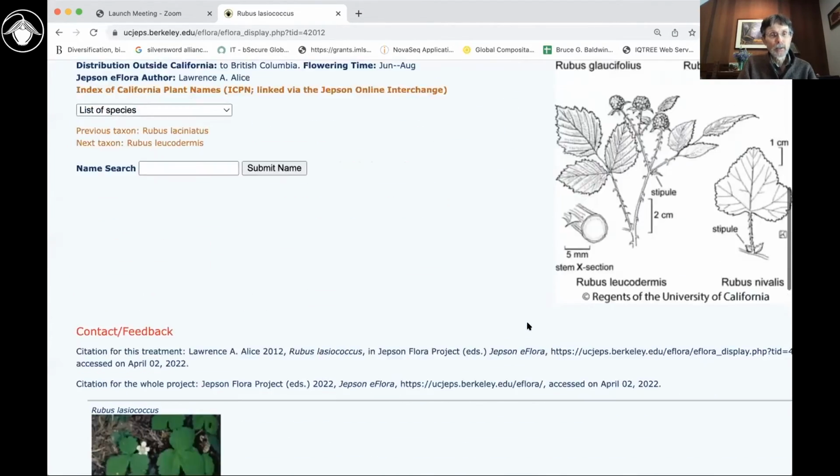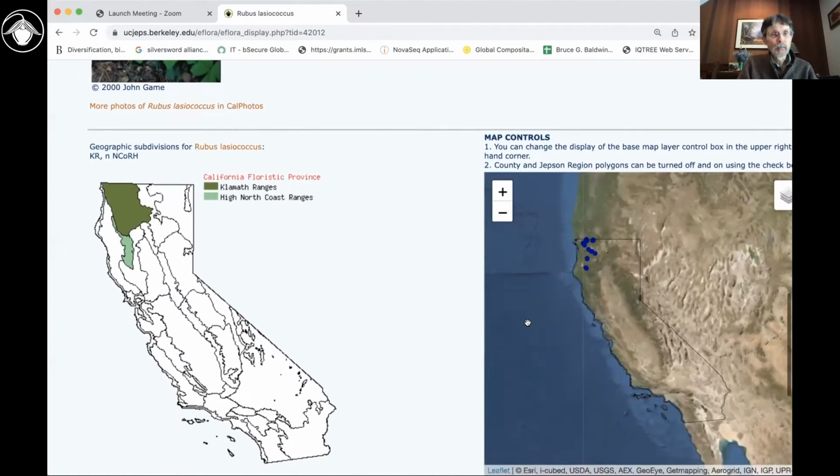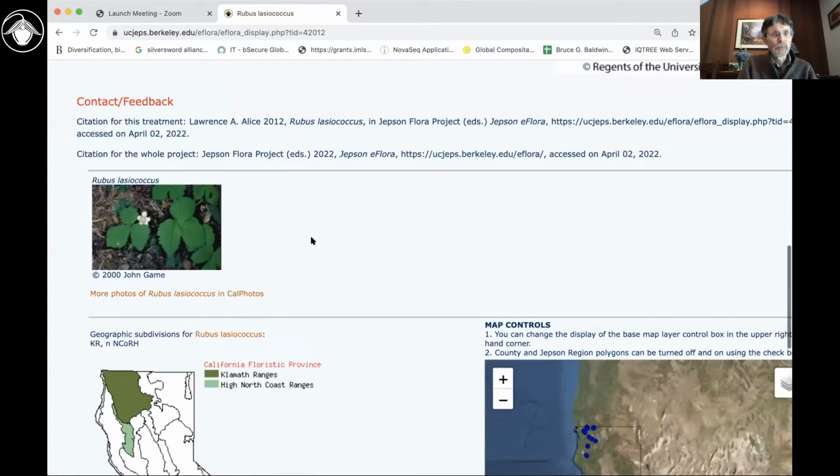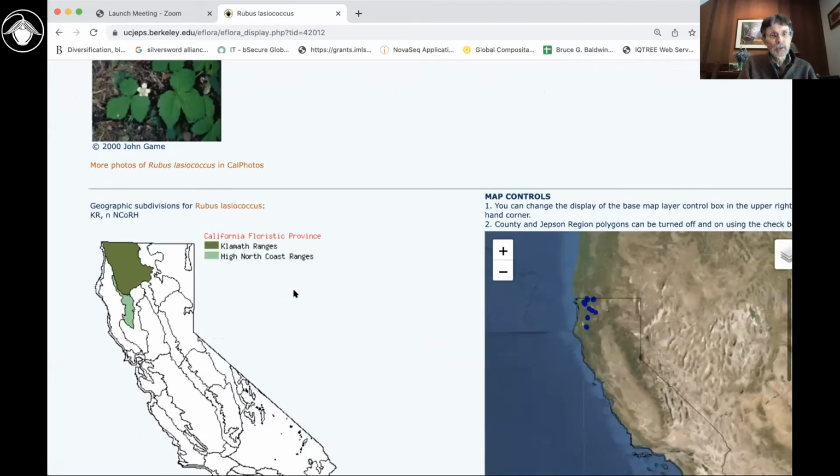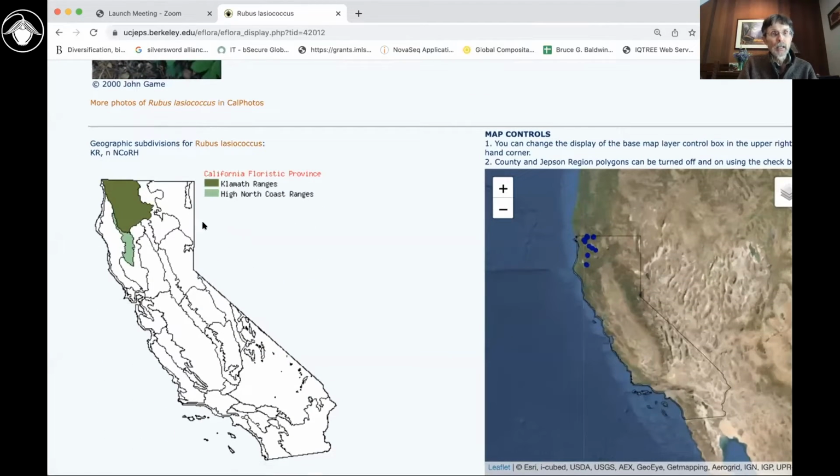And we'll have a verified photograph from Cal Photos, or one or more. And then we'll also have the bioregional distribution based on the Jepson bioregions that I'll get to in a moment.